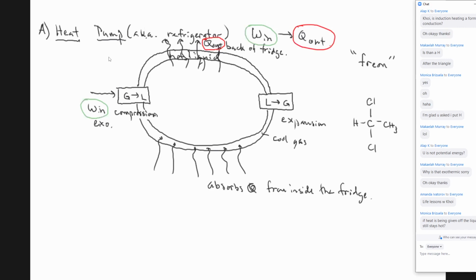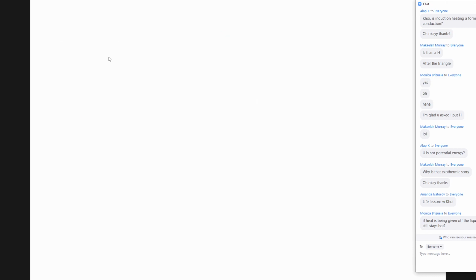This typically has a high boiling point because it's polar. Okay. The other case, and then we're going to lead into the Carnot engine, is your heat engine.